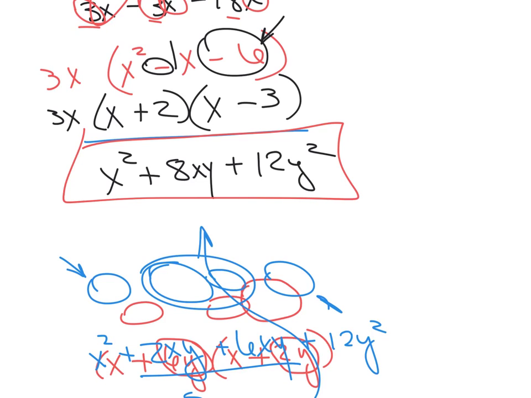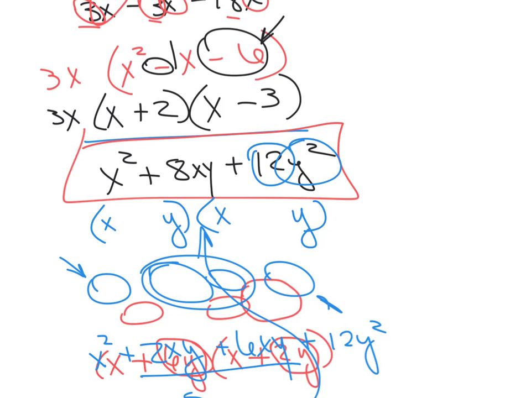When I'm doing ones that have an x and a y, I'm going to put an x as my first term. So I know I'm going to have an x here and here, and because that y is squared, I know I'm going to have a y there and there. And then I just have to look for numbers that multiplied give me 12, and that's where the 6 and the 2 came from. Added together they give me 8.